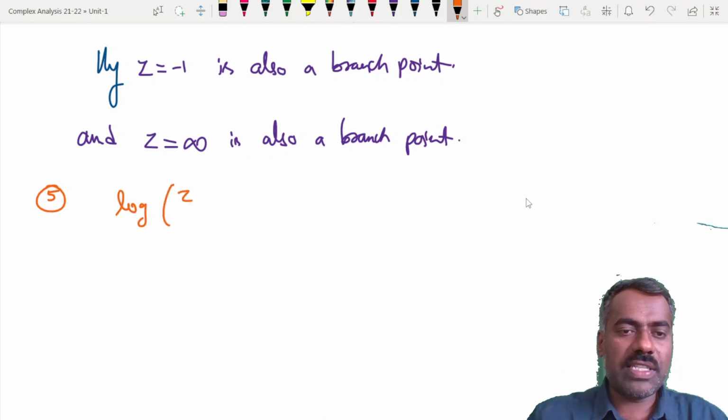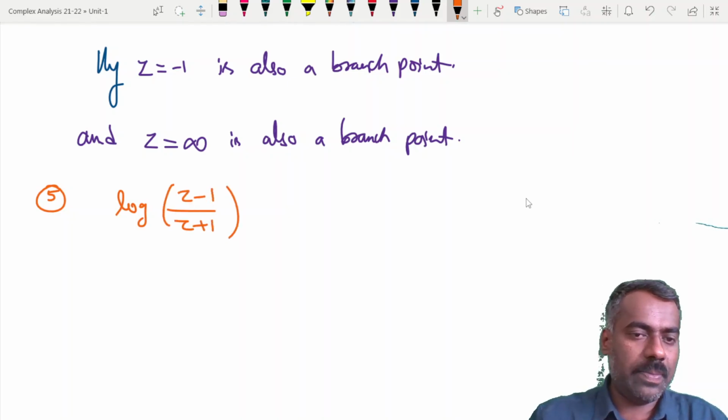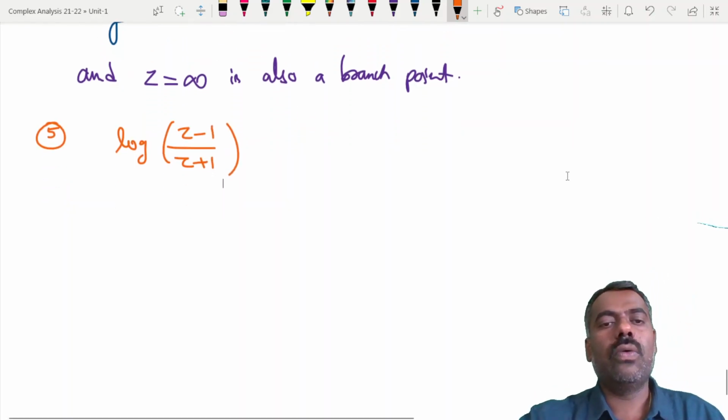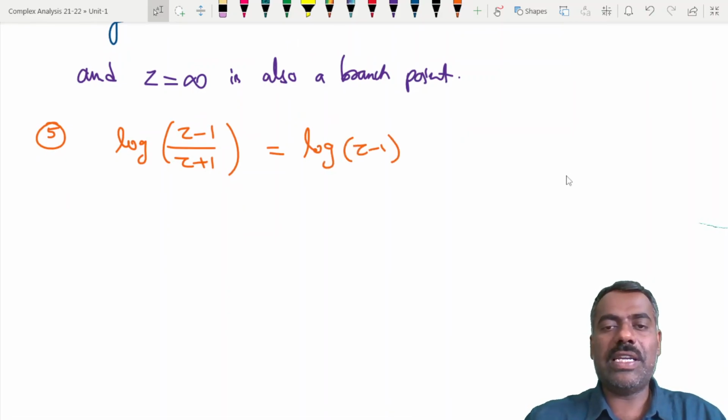Suppose we take log of (z minus 1) by (z plus 1). What can you say about this? Quickly, how can you write it? This is the same as log (z minus 1) minus log (z plus 1).